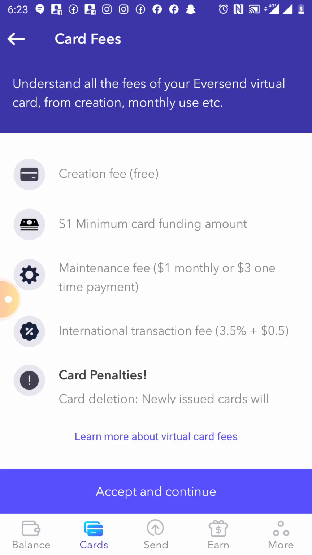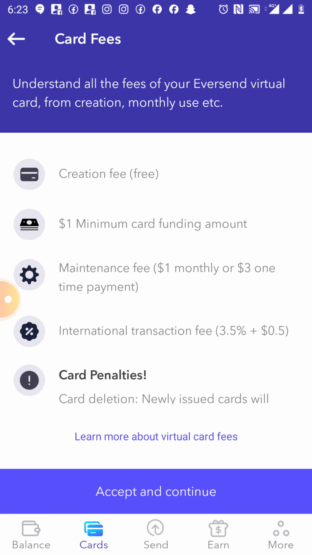The minimum card funding amount would be $1. The maintenance fee is $1 monthly, and then there is $3, which they say is a one-time payment.